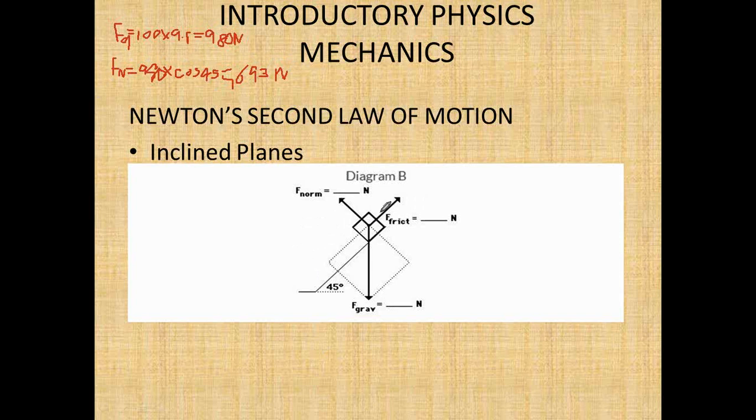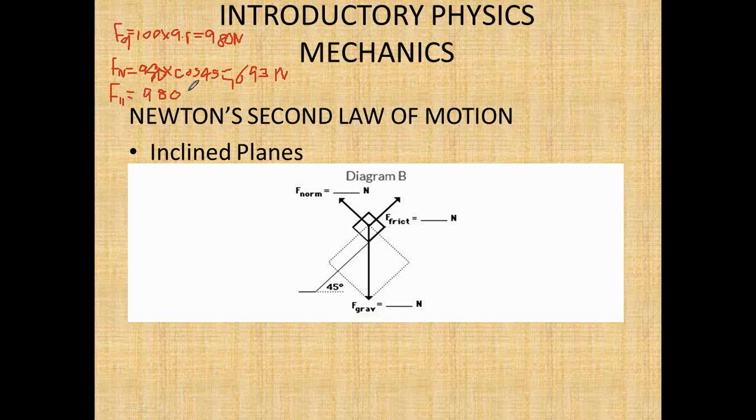The force that's going to pull the object down the incline, that's the parallel component. And that is equal to the force due to gravity times the sine of the angle, sine of 45.